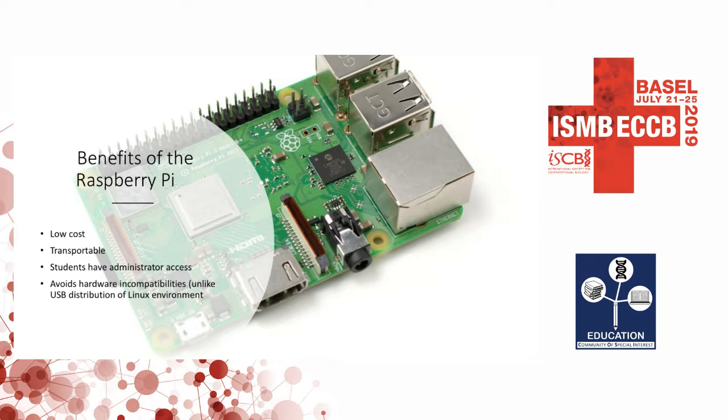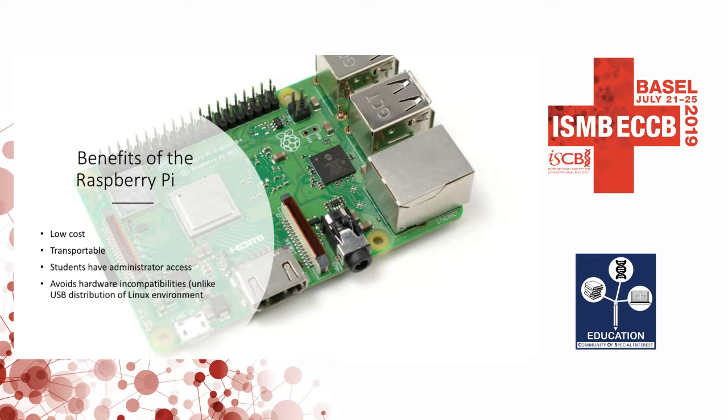And just to highlight again why the Raspberry Pi was chosen: it's very low cost compared to buying everyone a laptop or kitting out computer rooms with these fancy new computers that can run Linux. I think you can get it all in for maybe about £60. Don't quote me on that, but it's less than 100, which is really cheap considering what you can do on this.